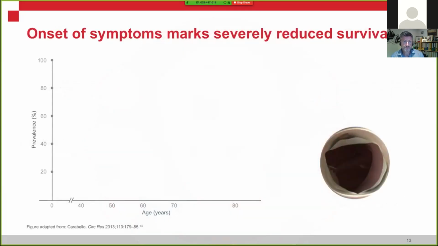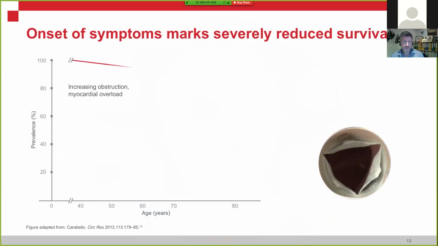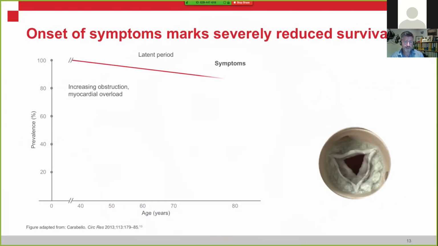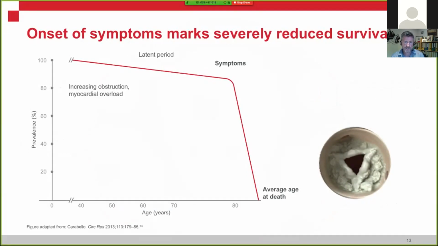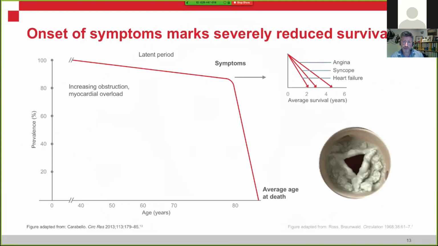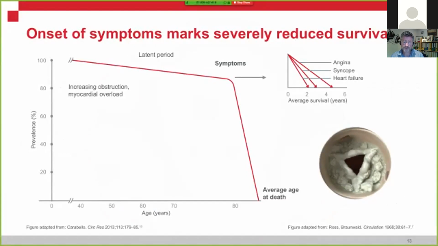So the onset of symptoms certainly marks severely reduced survival. Initially there's a latent period, and then once the patient develops symptoms, there's a very, very rapid increase in risk of morbidity and mortality. And the symptoms that we need to be most mindful of are patients who develop typical angina symptoms.